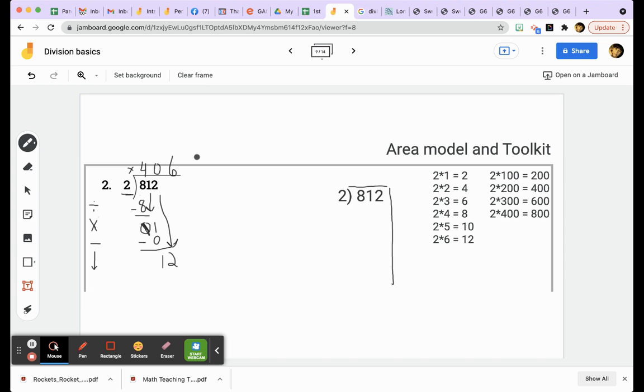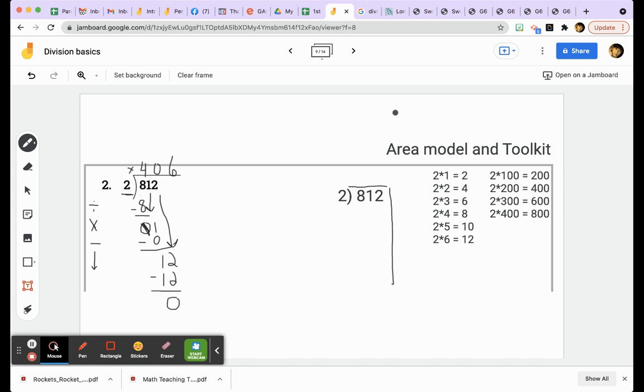Then I multiply back. 6 times 2 is 12. Subtract 0. 2 will not go into 0. There's nothing else to bring down. So I have my quotient, 406. Or there are 406 equal groups of 2 in 812.